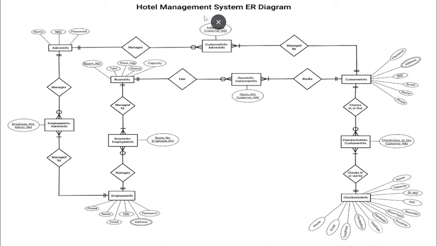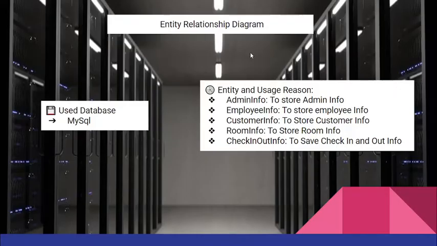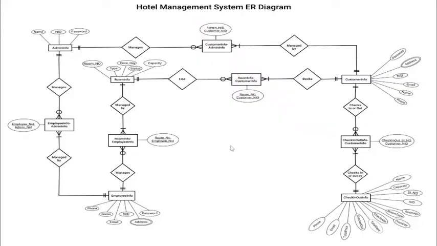So now we have the ER diagram. In this diagram, we have made some relationships between these 5 entities. These five entities are admin information, customer information, check-in out information, employee information, and room information.